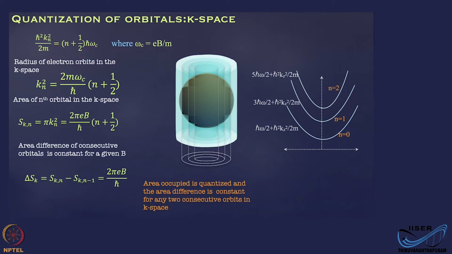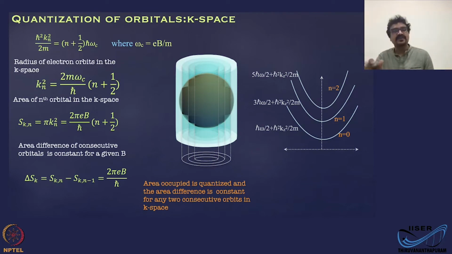Here kn is the radius, and kn squared is nothing but knx squared plus kny squared, because x and y are not really well defined states the moment you apply a field; they get mixed now. So the radius of the electron orbital in the K space is given by this kn squared, which you can get by inverting this relation: 2m times n plus 1 by 2 times omega c divided by h bar.